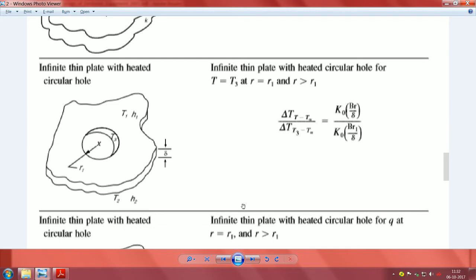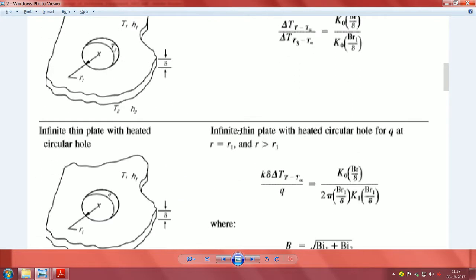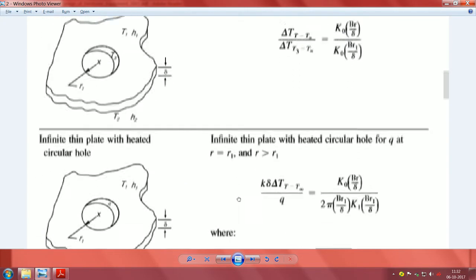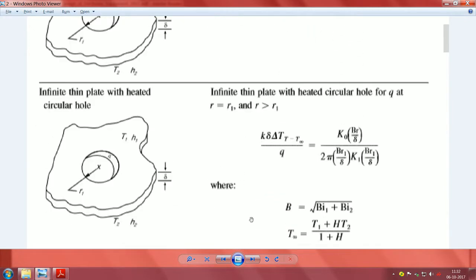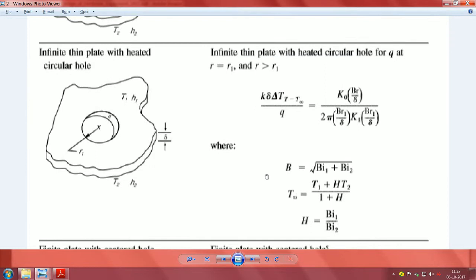Infinite thin plate with the heated circular hole, same thing as above. So, you see here all the terms that are covered there have been given here, saying at a given radius here. Can you see here at a given radius here what is the temperature?